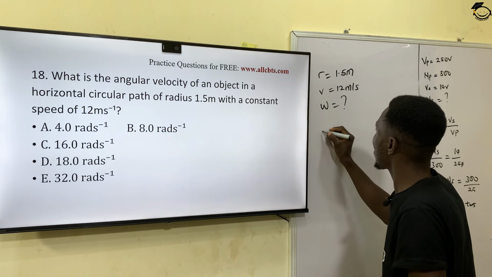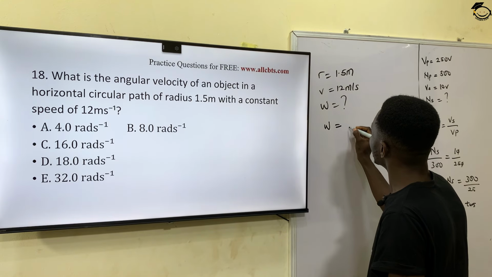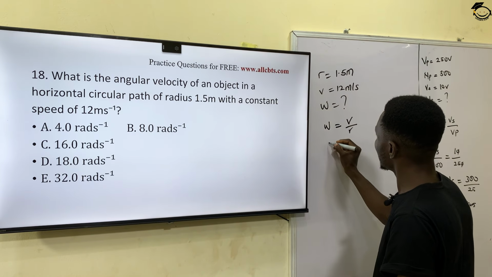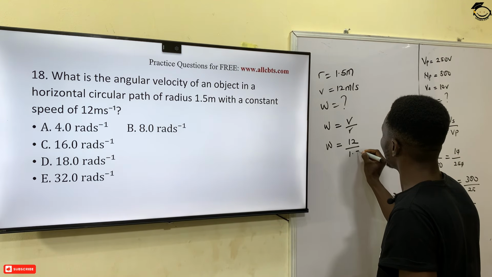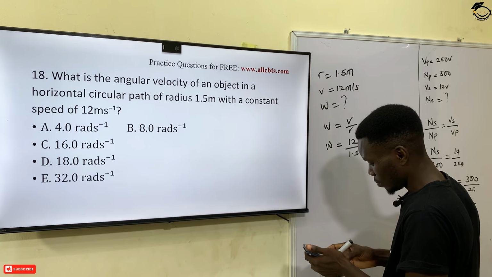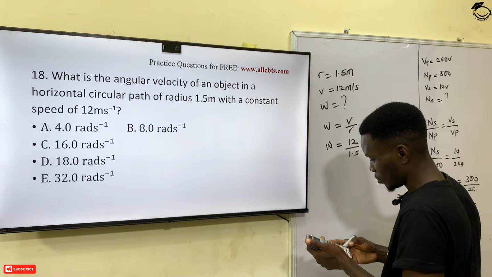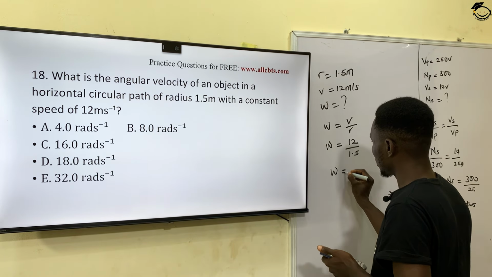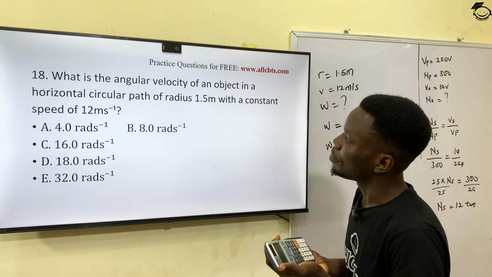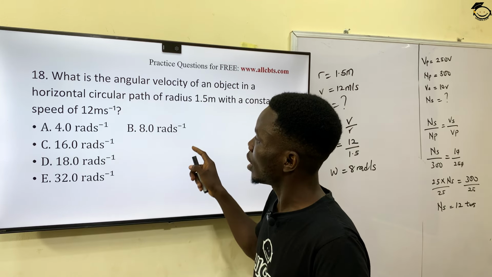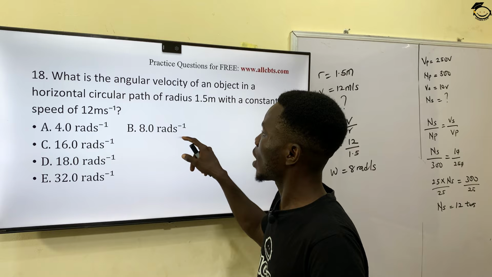We know that our angular velocity omega is equal to v over r. So this is the same as saying that my angular velocity is 12 divided by 1.5. So that will give me an angular velocity of 8 rad per second. So the correct answer to this question is option B, 8 rad per second.